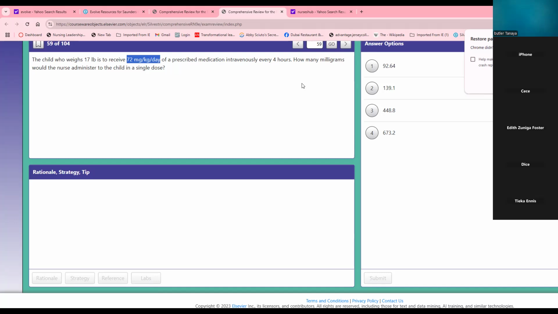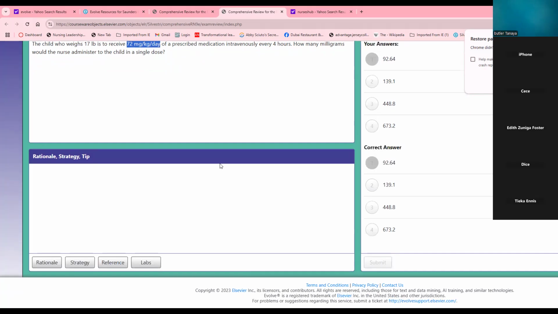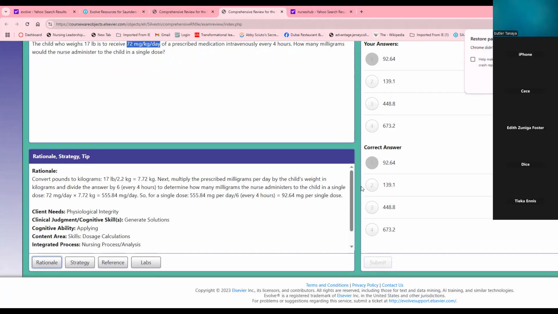And what answer did you get there? 92.7. You got 92.7. They got 92.64. They probably rounded it. I don't round. I leave everything in, okay? But none of the other numbers are even close, right? I'm just doing that because I want you to see.